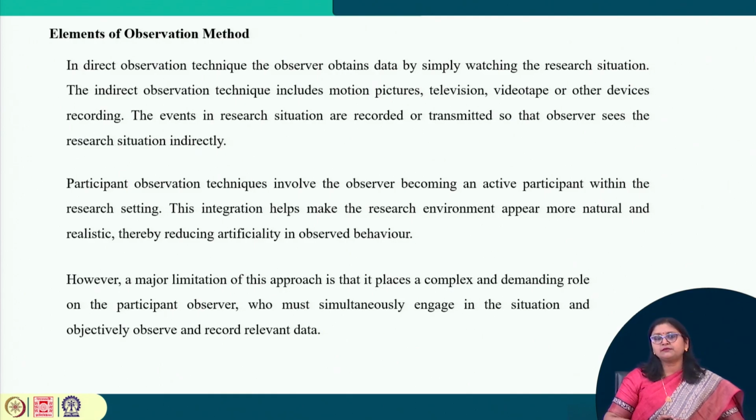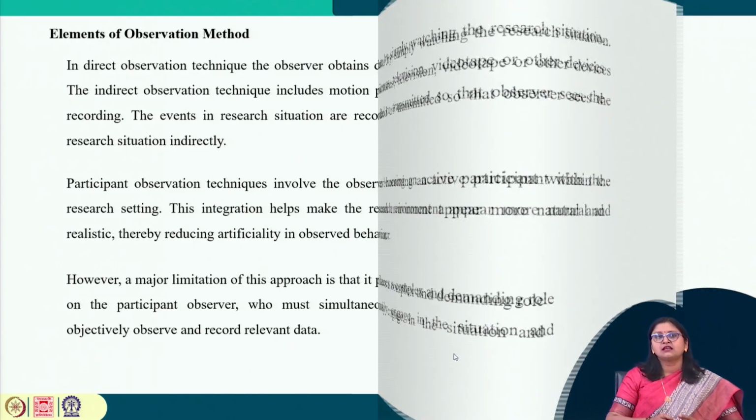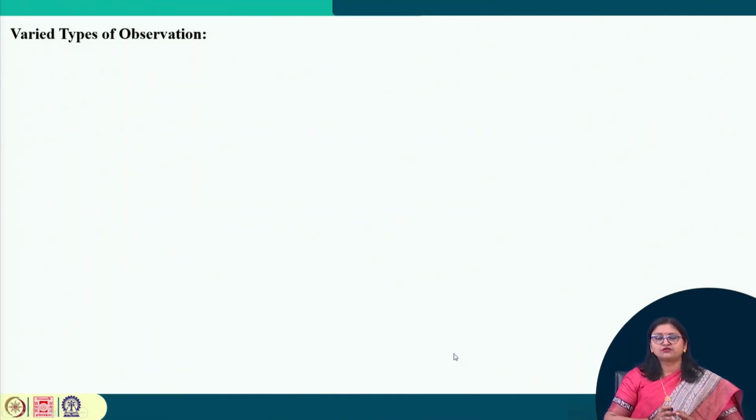However, a major limitation of this approach is that it places a complex and demanding role on the participant observer, who must simultaneously engage in the situation and objectively observe and record the relevant data without telling them that he is observing them in the natural setting.